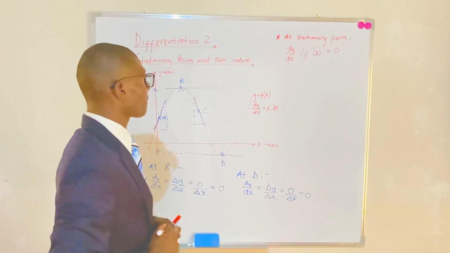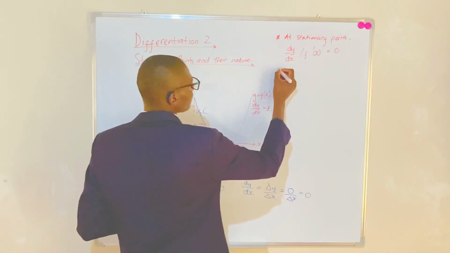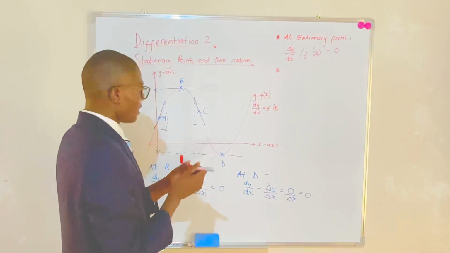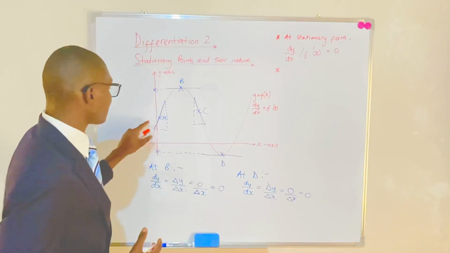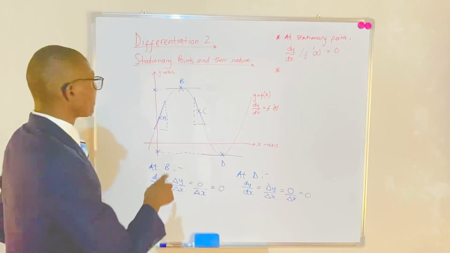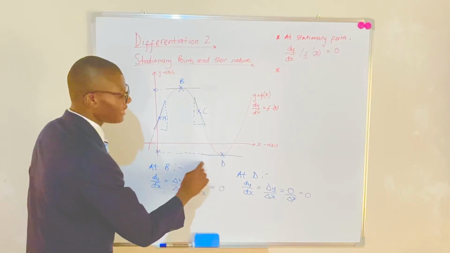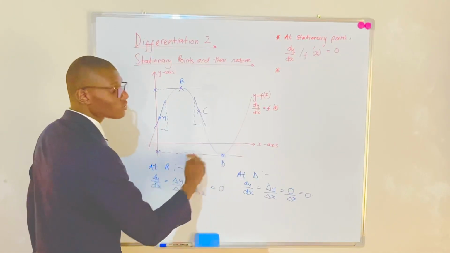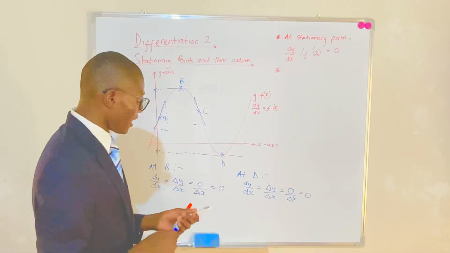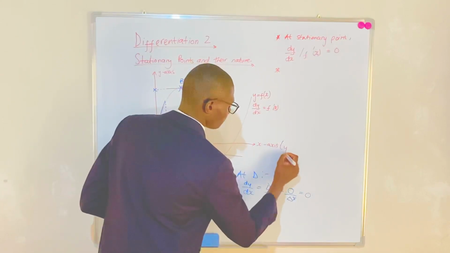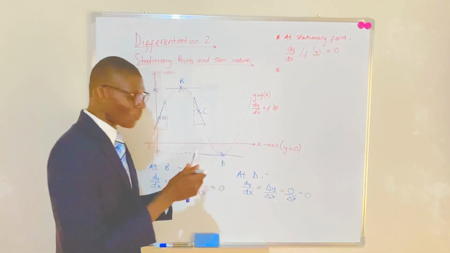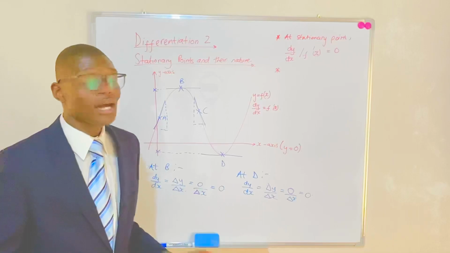to 0. Now the second condition that we can come up with is, you can see with those tangents that we use to calculate the gradient at the specific point, the tangents at B and D, these two tangents are parallel to the x-axis. And we also know the x-axis is the line y is equal to 0. So what can we conclude about this?